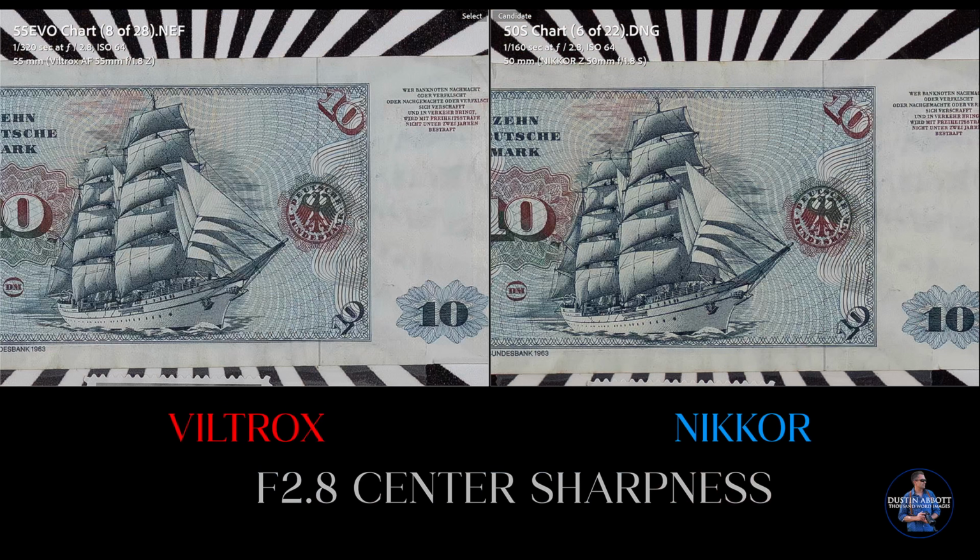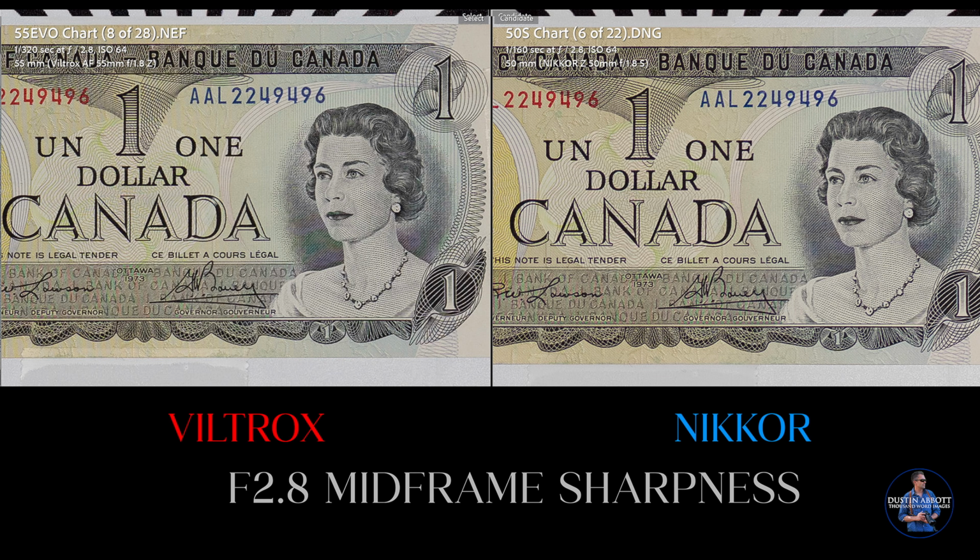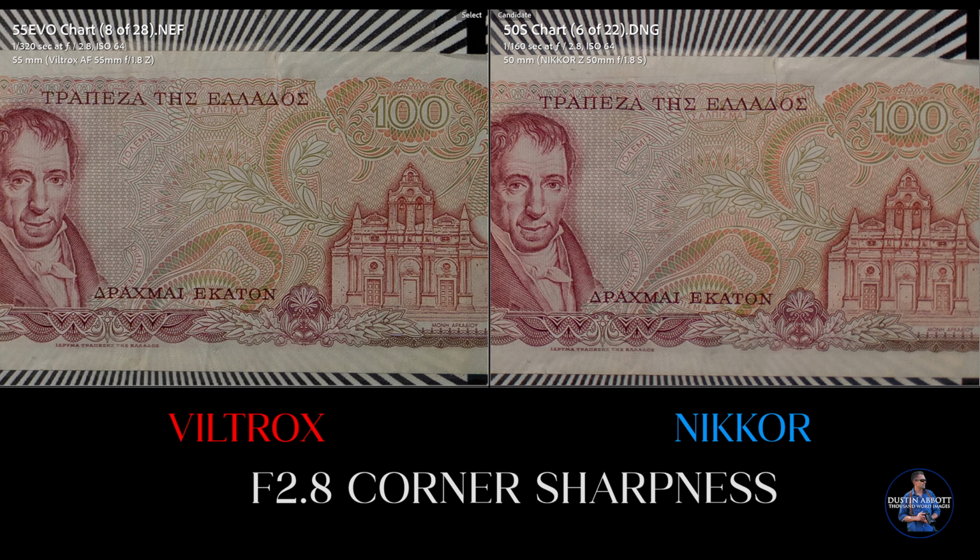In that case, looking at that at f1.8, I also checked back in at f2.8, and you can see the same pattern basically holds, that it looks a little bit better in the center of the frame for the Nikkor. The edges definitely still favor the Viltrox lens. And so both of these lenses are extremely sharp and extremely high contrast, and I really can't call a winner between the two.